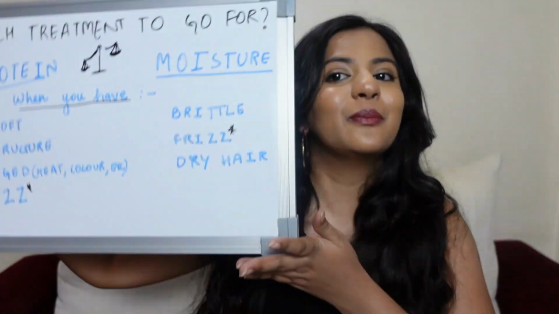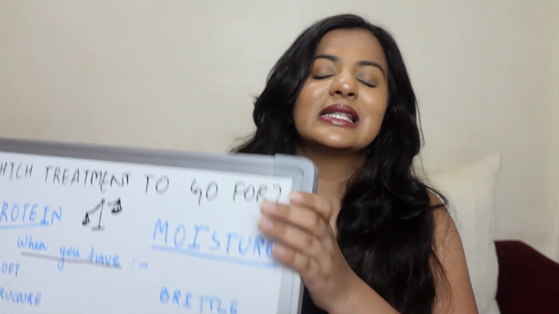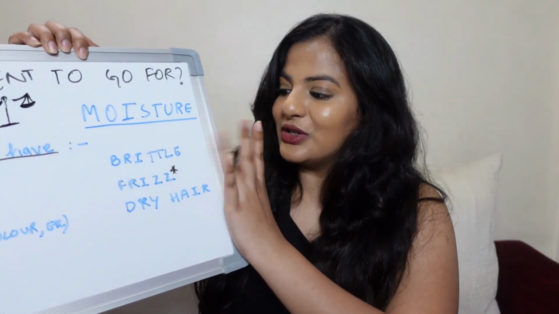Then let's talk about moisture. And when do you use moisture treatments? You use moisture treatments when you have frizz and dry hair strands like mine. You use moisture treatments when you have brittle hair. We talked about hair elasticity in the other video.